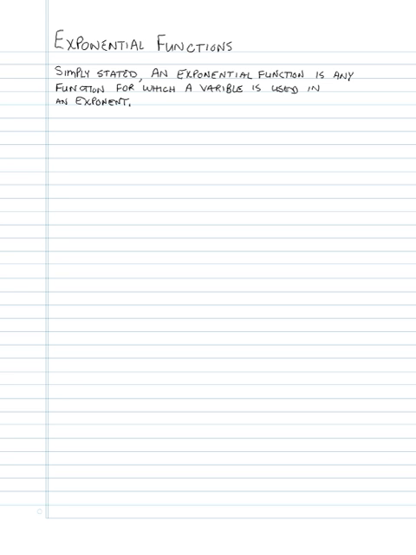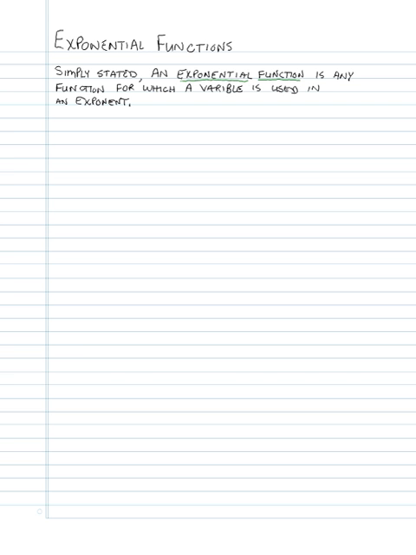As you can see, this discussion is about exponential functions. And simply stated, an exponential function is any function for which a variable is used in an exponent, part of a variable expression that's an exponent.